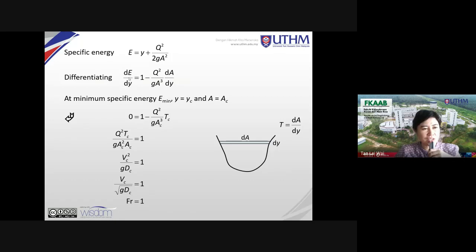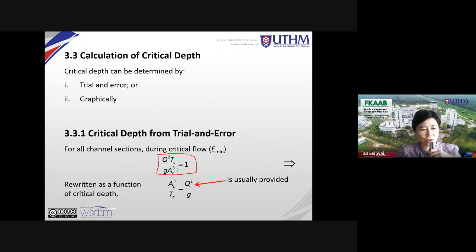We differentiate the specific energy with respect to y. Setting dE over dy equals 0 will give us Q squared T over g A cubed equals 1. So therefore, this is the expression.